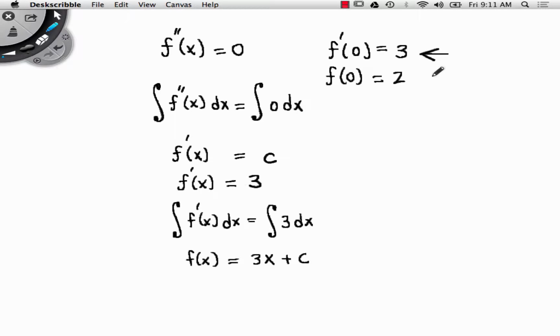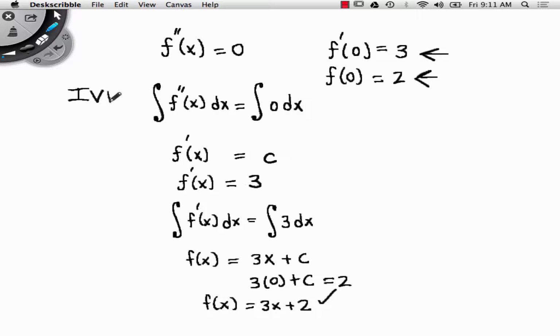When you plug in 0, from this initial value, I know that 3 times 0 plus c must be 2. So f of x equals 3x plus 2. And there it is. That's the solution to this initial value problem. A lot of times in mathematics we like to abbreviate things. So we also sometimes call these IVPs.